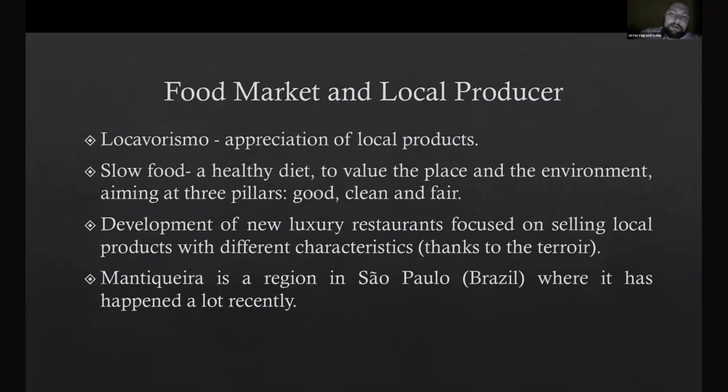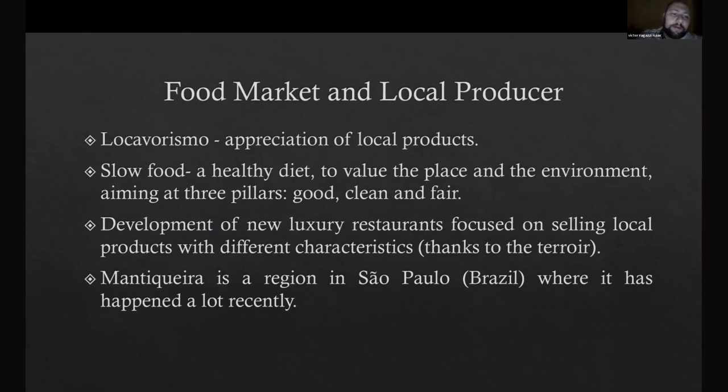About the background, we speak a little about the food market and local producers in the first part. Locavorism is a new tendency, and we have a market, a consumer, that prioritizes the appreciation of local products. On the other side, we have a new movement called slow food, focused on a healthy diet and trying to value the place and the environment, with three pillars: good, clean, and fair food.